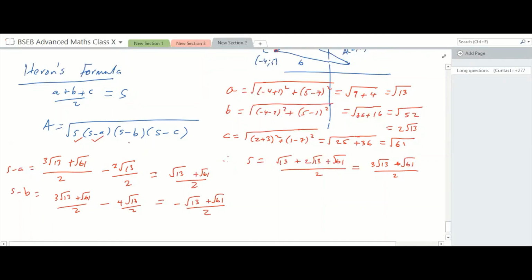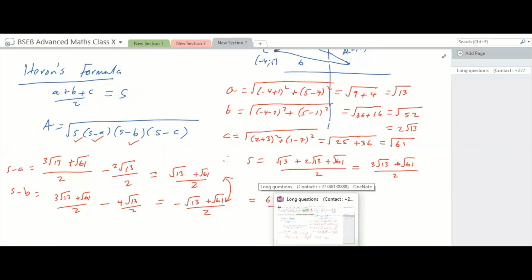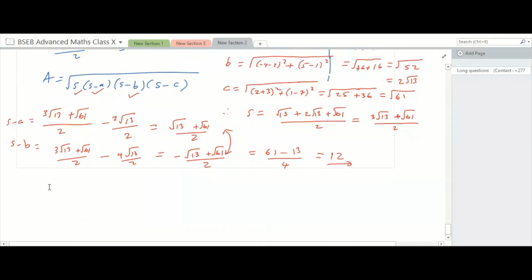Multiplying these two out, I will get 61 minus 13 over 4. We can see difference of two squares: square root of 61 plus 13, square root of 61 minus 13. And 61 minus 13 is 48 divided by 4, which gives me 12.